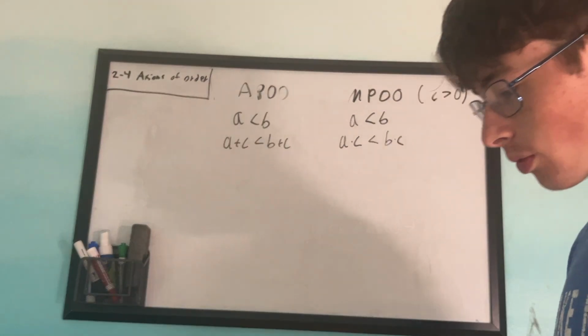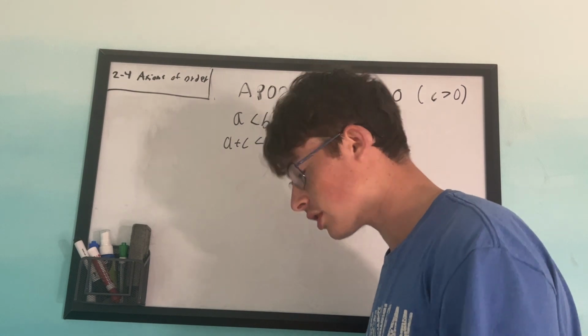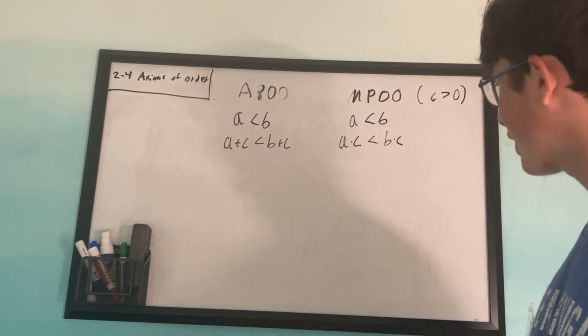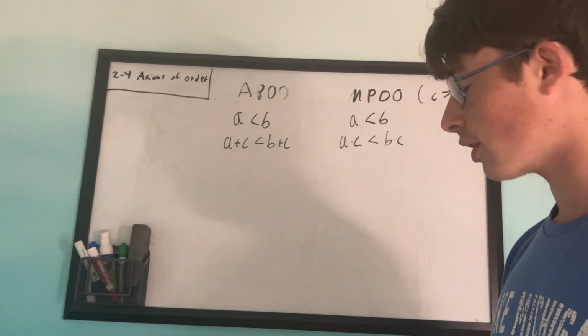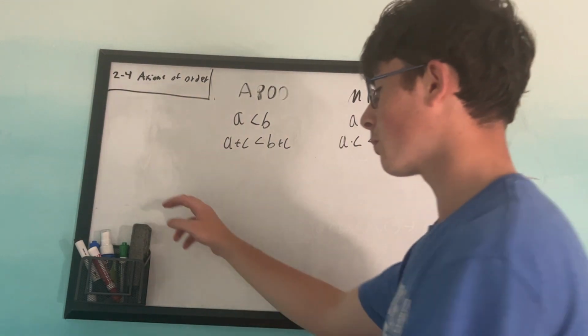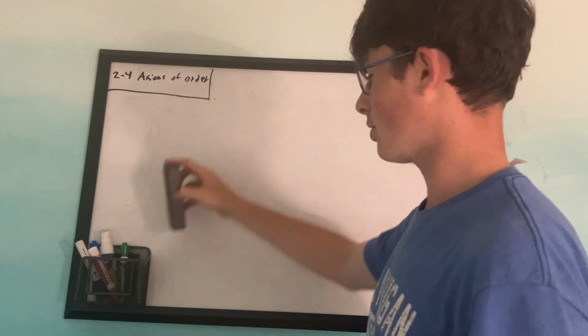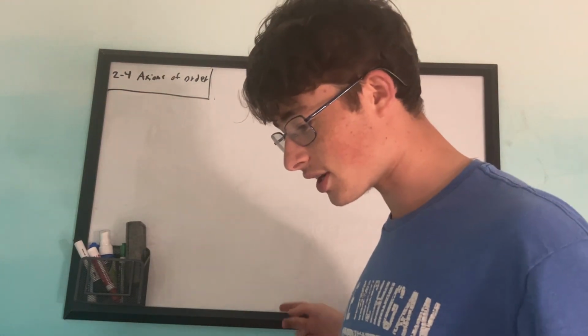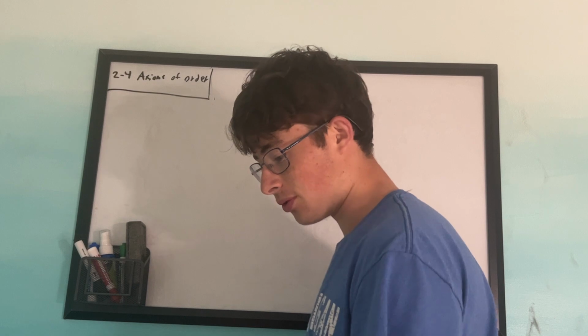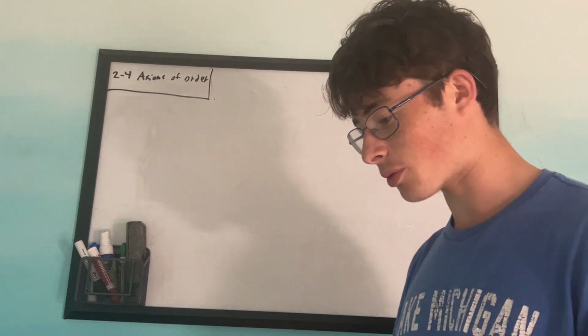So what we have to do is figure out what to do if we have the negative. If you go back to your algebra 1, you know that if you multiply by a negative, you have to flip the sign. But now, using those rules we just established, we're actually able to prove it.